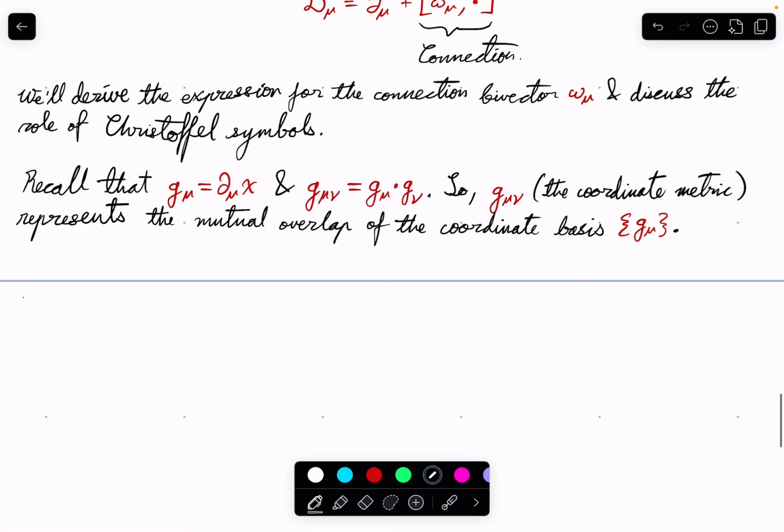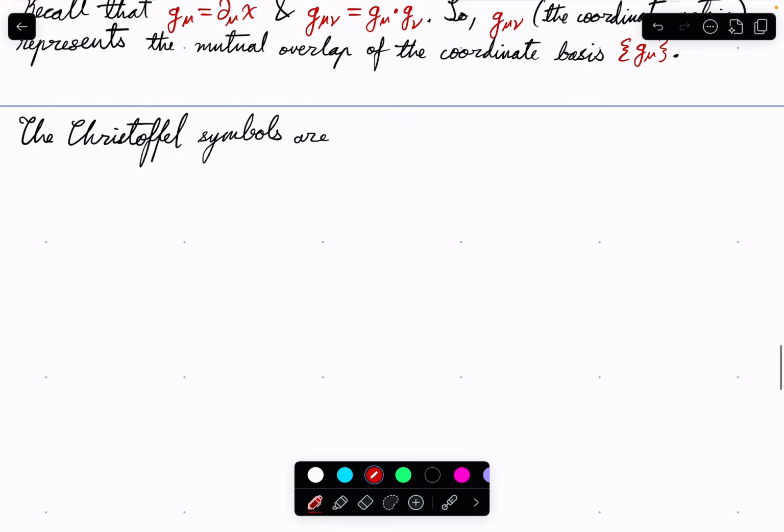Then the Christoffel symbols are defined as follows.